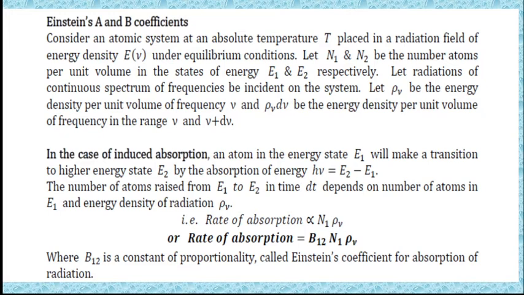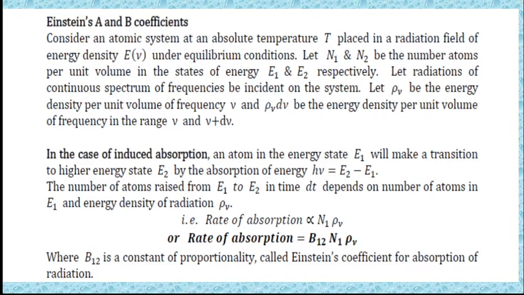Likewise, there will be more atoms that make an upward transition, and the number of such atoms which make an upward transition in time dt depends on two factors. One is the number of atoms present in the lower energy level, that is N1 in E1, and the other is the energy density of incident radiation rho nu.